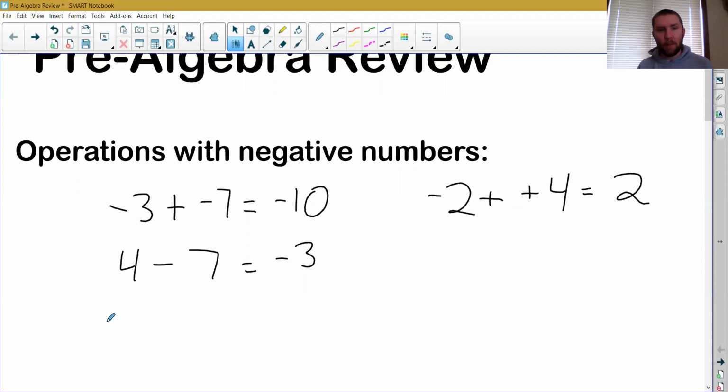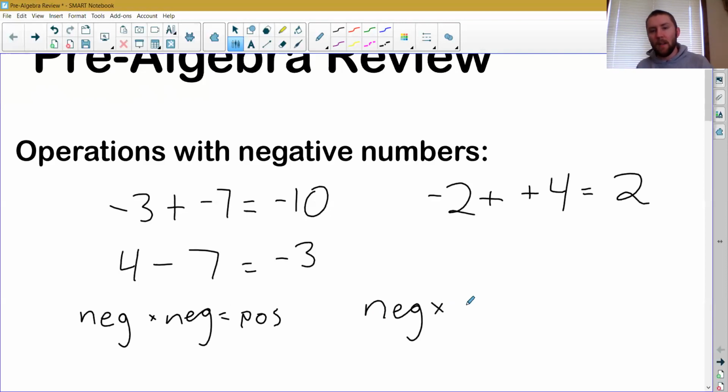It's also important to remember that when we do multiplying and dividing, a negative times another negative makes a positive, and also that a positive times a negative or a negative times a positive makes a negative, right? And all of these kinds of rules.